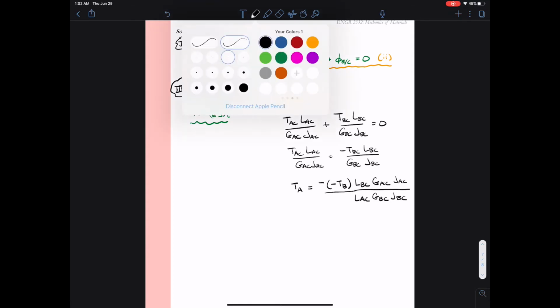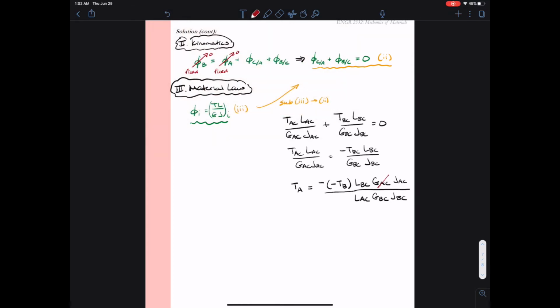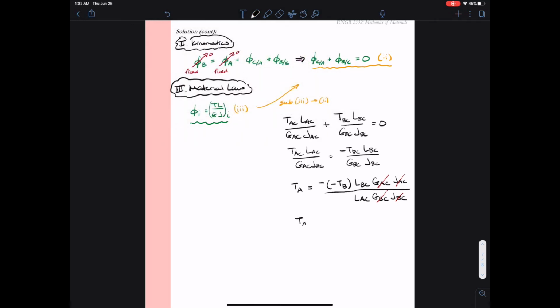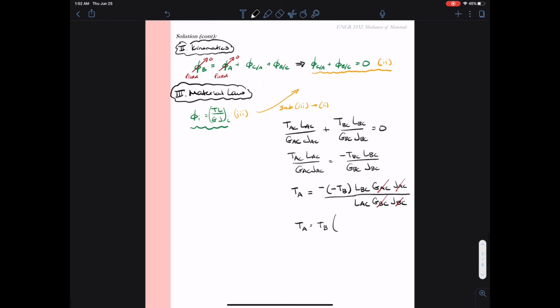So we see that some proportion of the lengths, some proportion of G, and some proportion of J will always determine how much of the applied torque goes to either support. In this case, since it was one uniform rod across the whole span, and it was one uniform material, G and J are the same. So it's only going to be a relationship of the lengths.